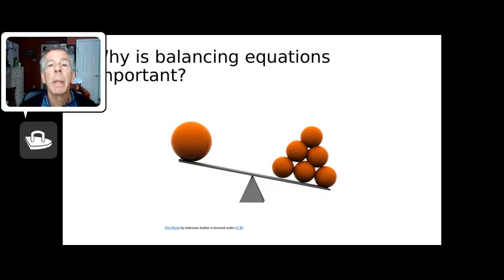All right, so think about balancing chemical equations. Compare it to a seesaw. I'm sure you've been on a seesaw before. Now, a seesaw doesn't really work unless you are balanced with somebody else. So if you're on a seesaw with somebody who's, say, 200 pounds heavier than you, well, you're not going anywhere, folks.